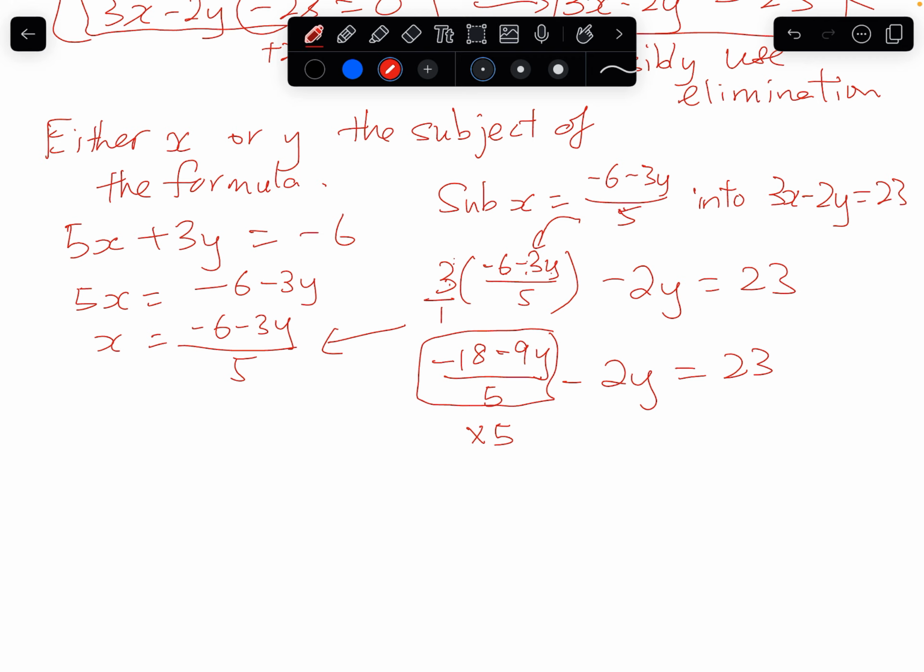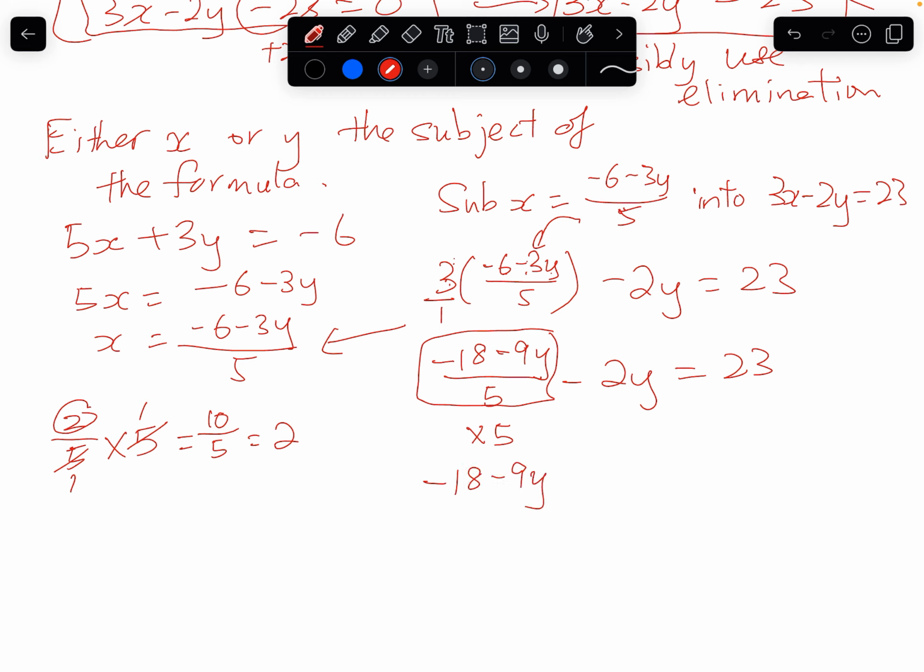The reason for that is, if I take 2 over 5 and I multiply this fraction by the denominator, this is going to turn out to look like simply 2 times 5, which is 10 over 5, which gives me 2. Alright? This kind of cancels out, and I'm just left with 2 here. The same fundamental applies here. If I multiply this by 5, what I'm left with is just negative 18 minus 9y.